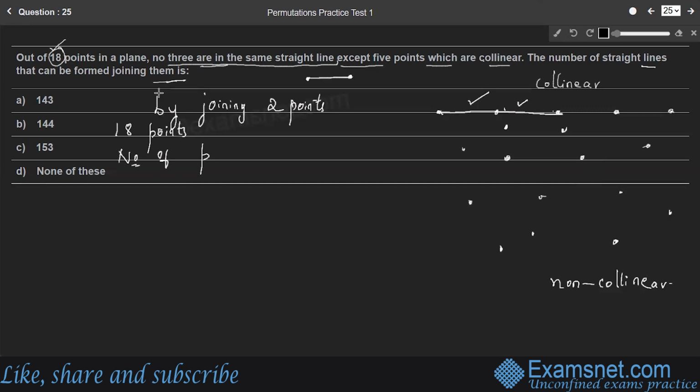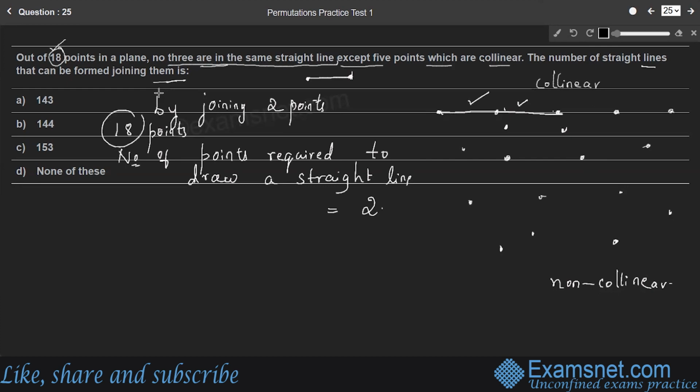According to the condition, you should not consider more than 2 points here, right? Therefore, number of points required to draw a straight line is equal to 2, right?